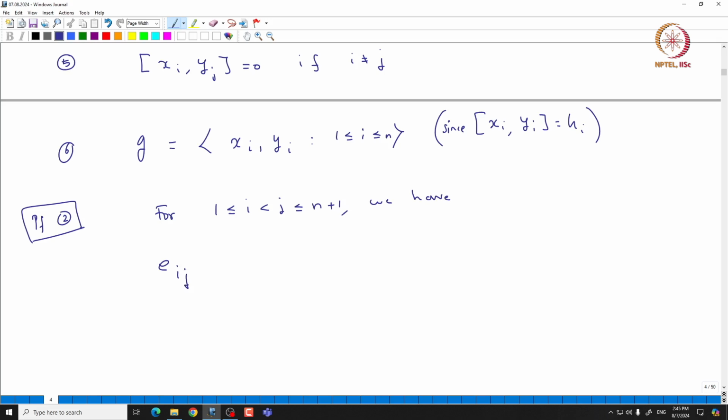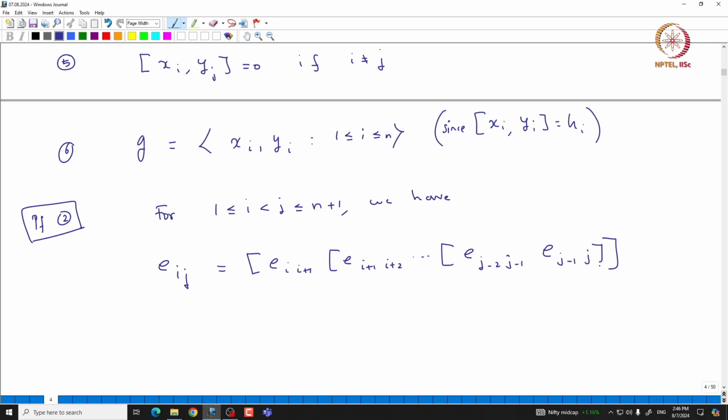If you do the computation, it is easy to see that it is the bracket [E_{i,i+1}, [E_{i+1,i+2}, ... [E_{j-2,j-1}, E_{j-1,j}]]].